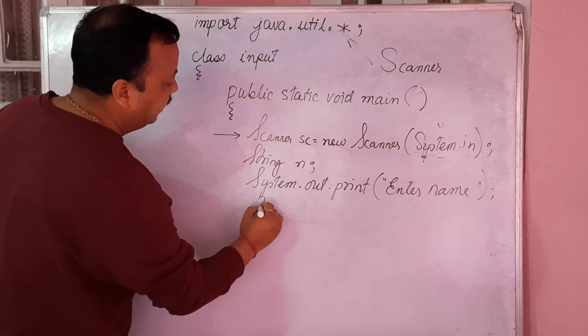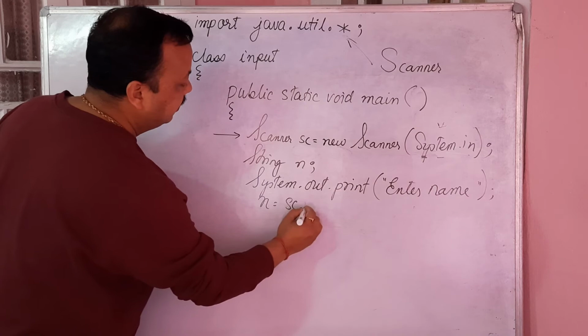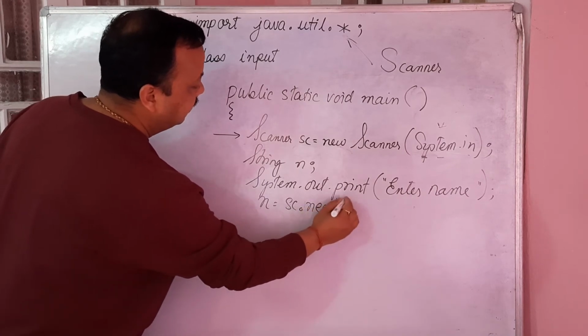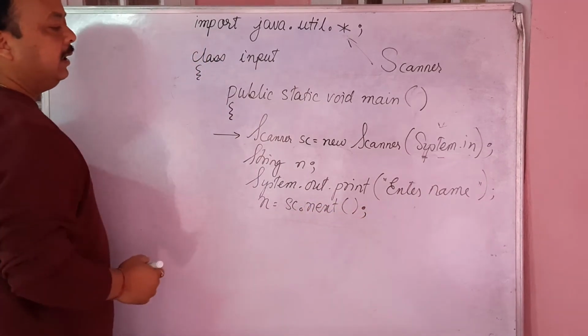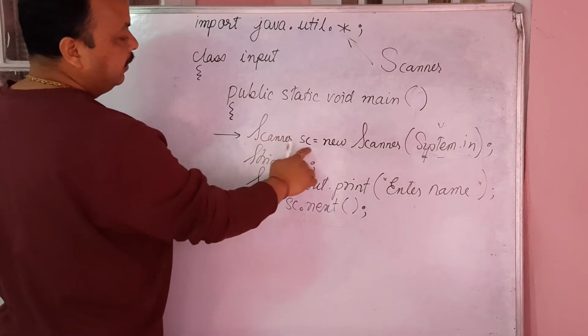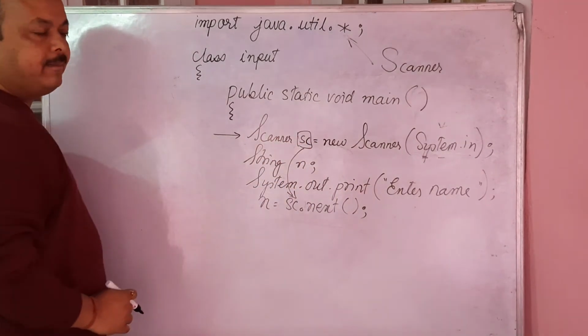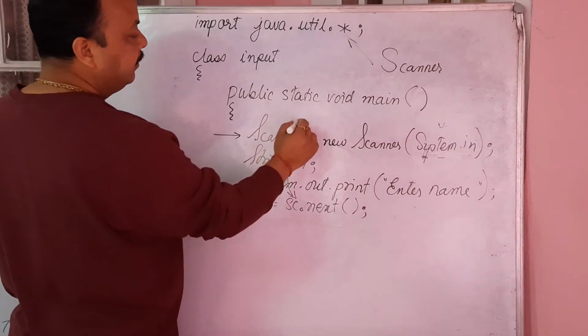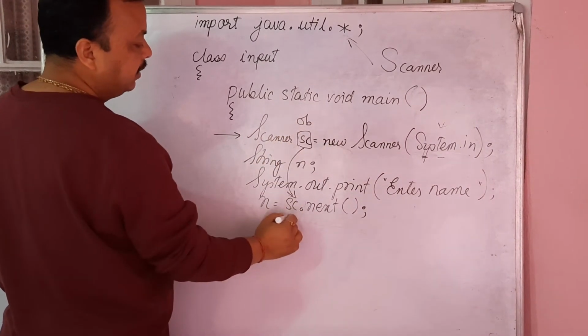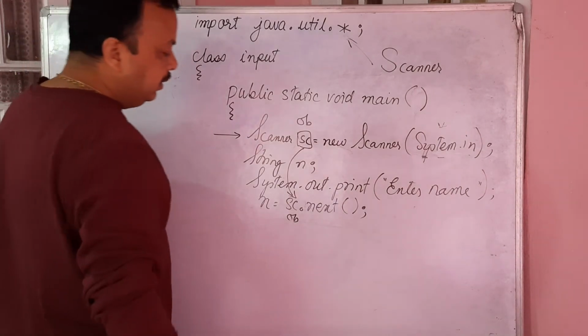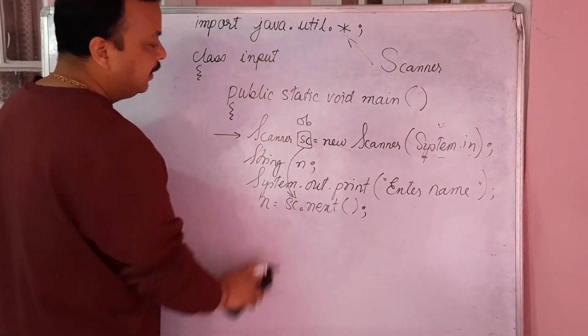Then you write n is equal to sc.next. So this is how you input your name. Remember, whatever you have mentioned here is the same variable that you will use here. If you have used the name OB here, then please write OB here. So this is important to remember.